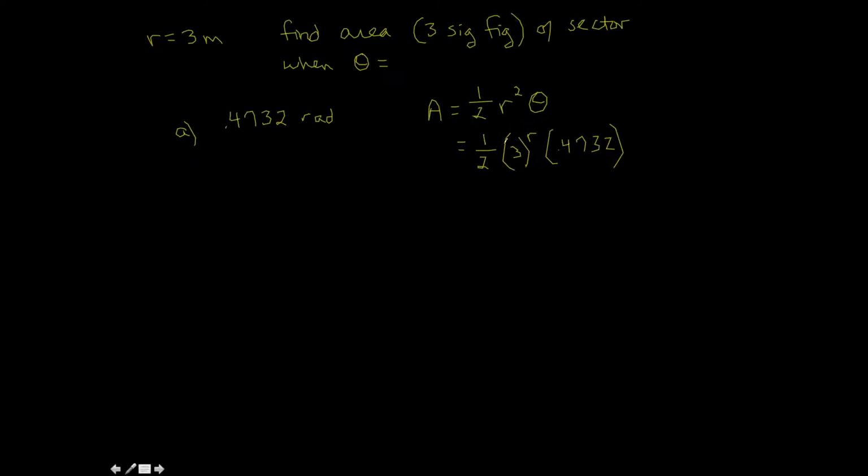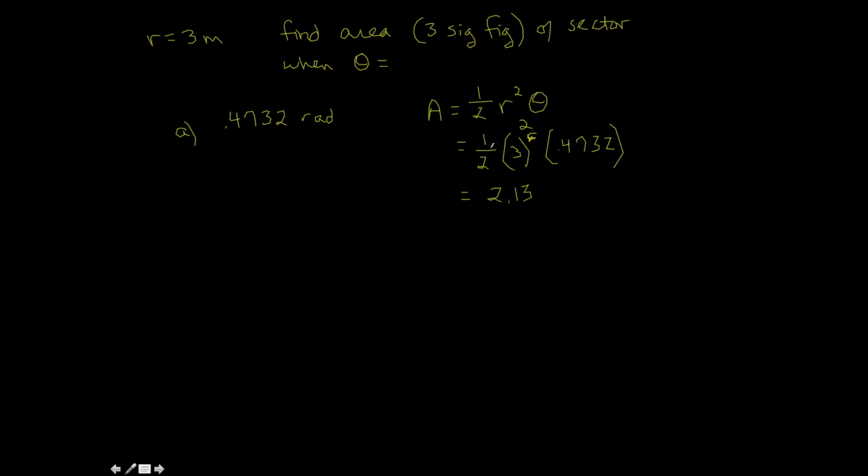I typed R. That should really be a squared. There we go. 1/2 times 3 squared times 0.4732. Now, this is going to give you approximately 2.13.